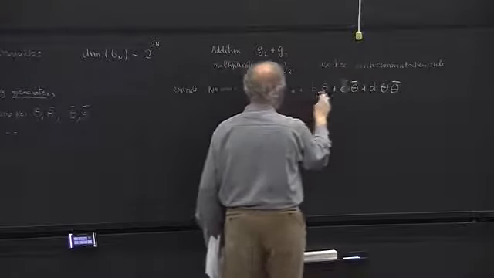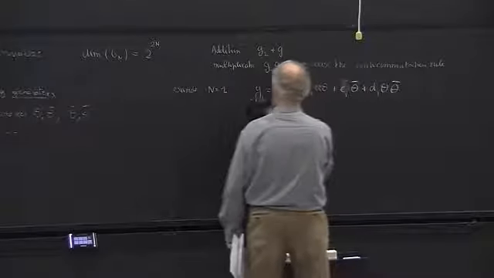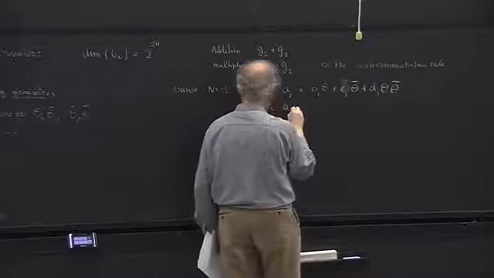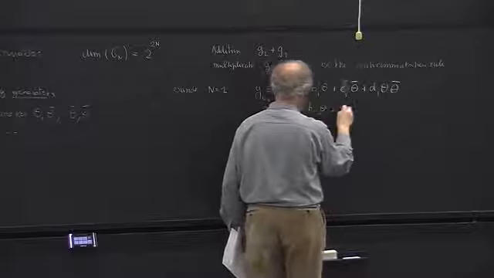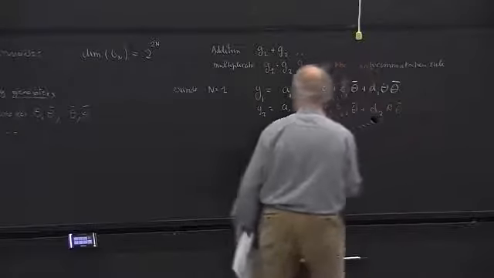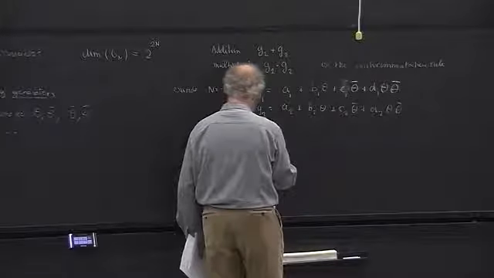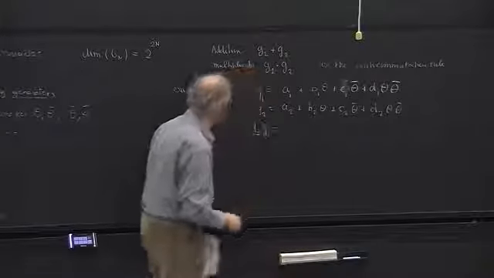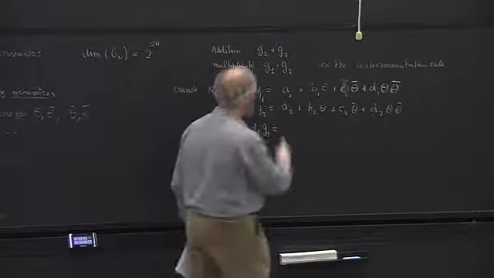And if I have G1 with A1, B1, C1, D1, and G2 equal A2 plus B2 theta plus C2 theta bar plus D2 theta theta bar, then G1 G2 is equal to, so you do the calculation.